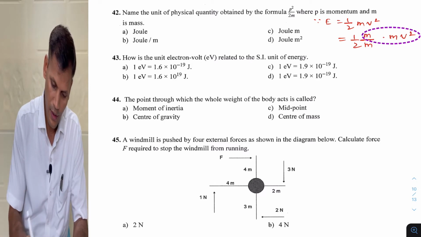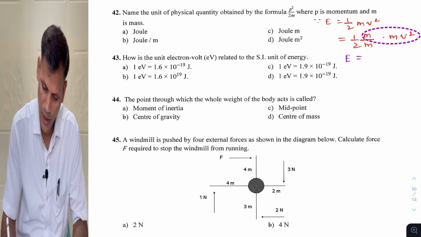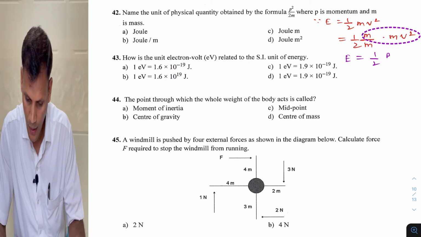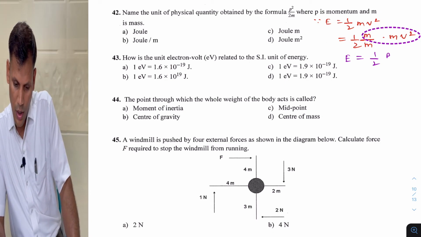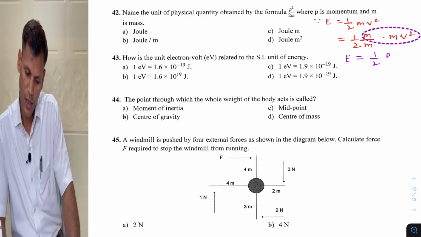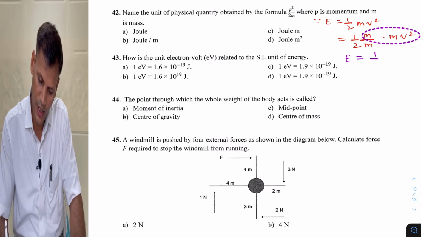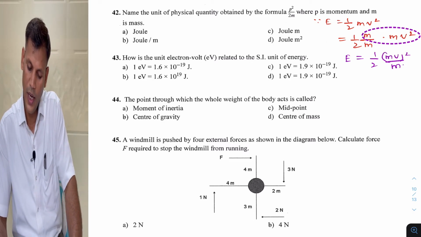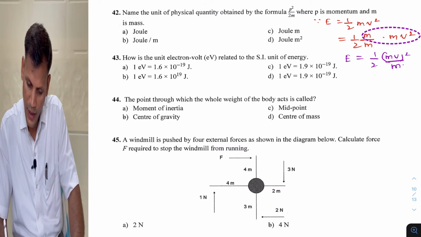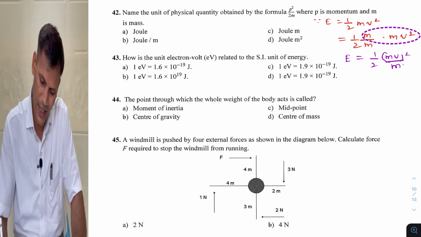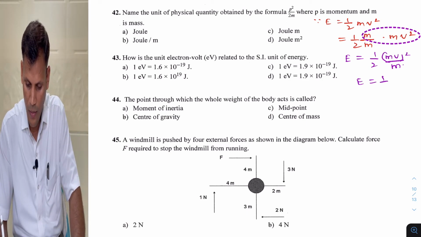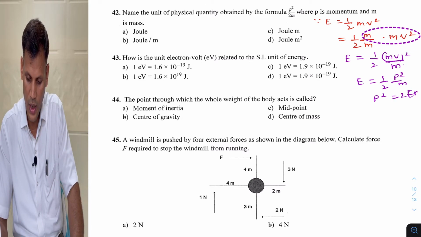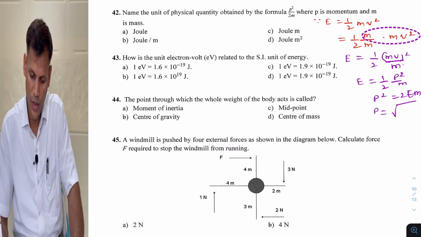So kinetic energy E will be half mv square, right? So mv is p, we can write mv to the whole square upon m. So mv square is p square. So overall we will get E is equal to 1 by 2 p square by m. So p square is equal to 2em. So p becomes root of 2em.